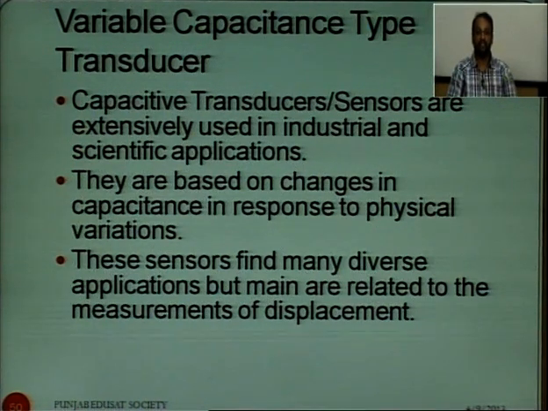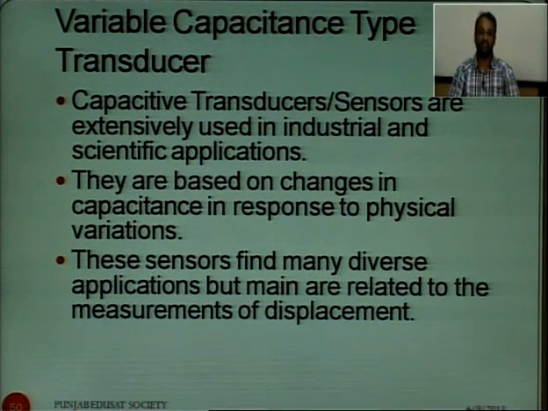Capacitive transducer sensors are extensively used in industrial and scientific applications. They are based on changes in the value of capacitance due to change in physical variations. So, there are some physical variations due to which there is a change in value of capacitance, which is calibrated against the input quantity.